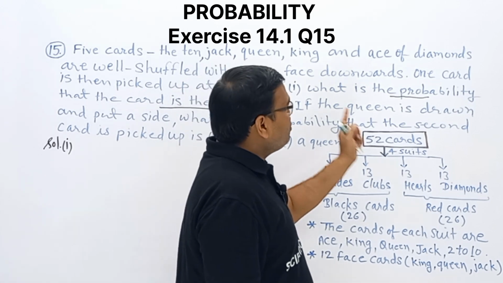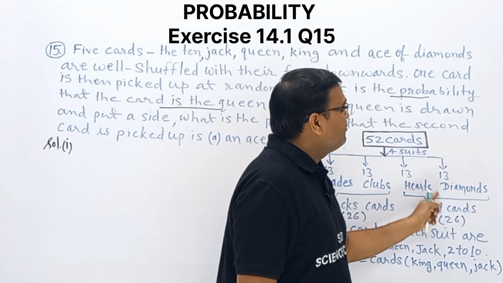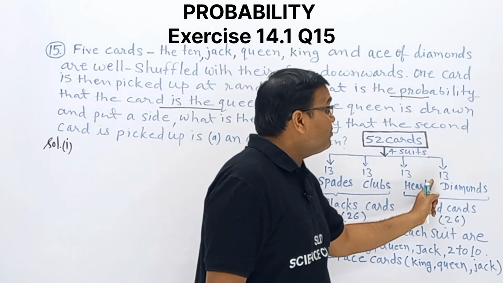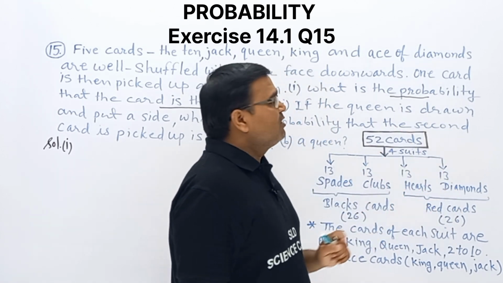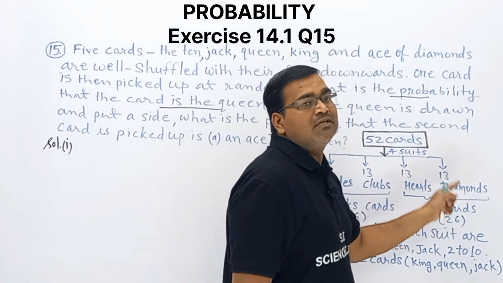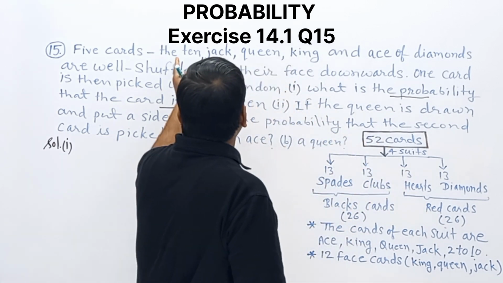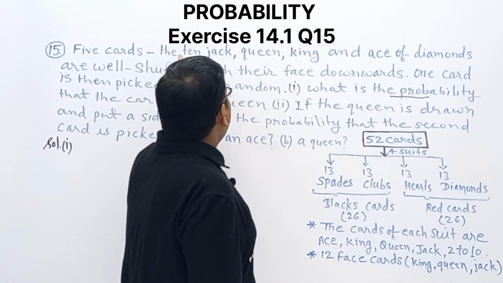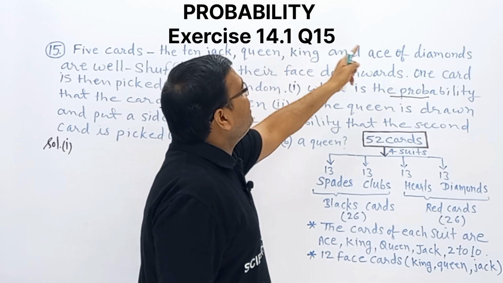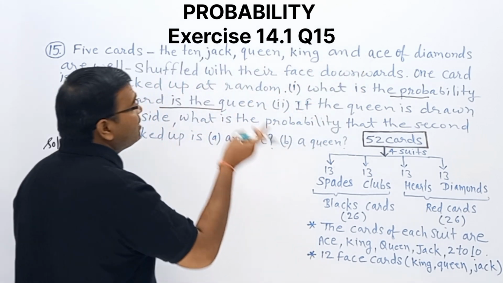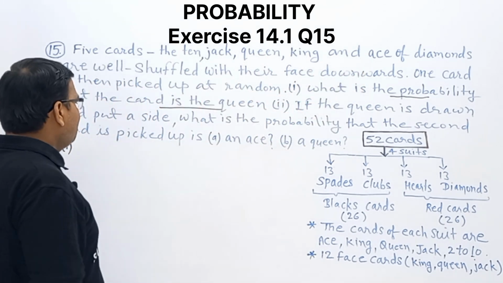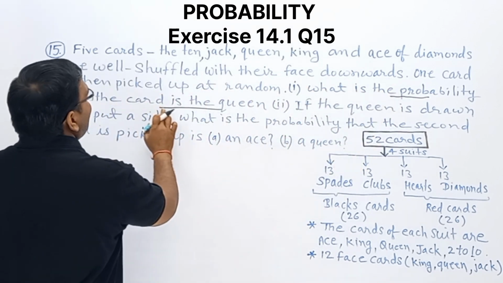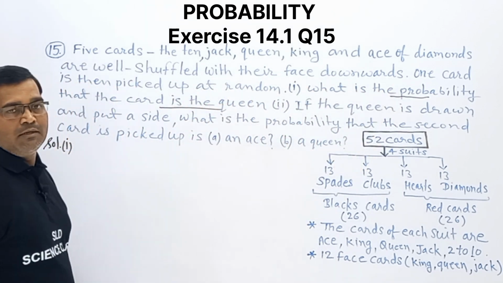Clear? Now in this question we are having 5 diamond cards. Out of 13 diamond cards we are taking 5 cards: 10, Jack, Queen, King and Ace. These are the 5 cards of diamonds. Clear? What is the probability that the card is the Queen?